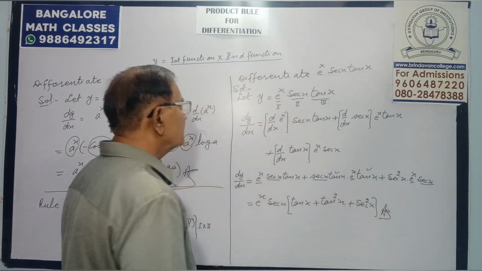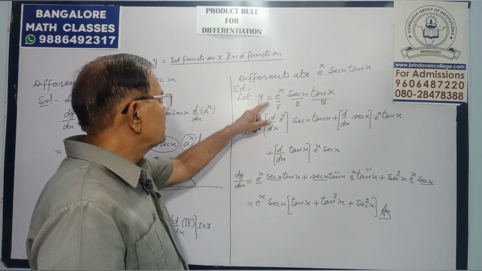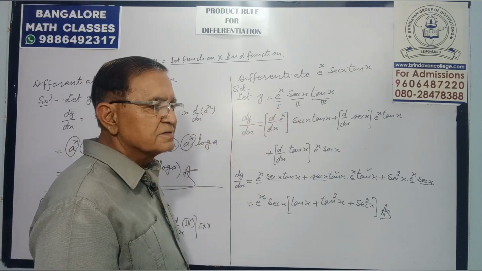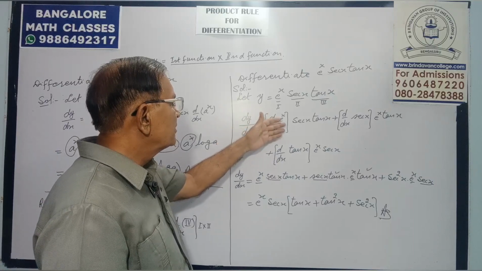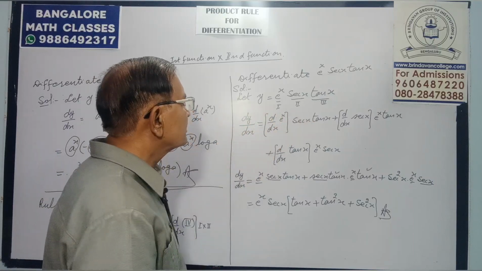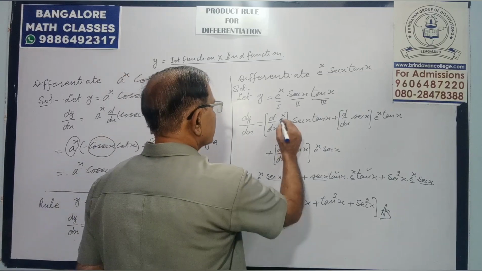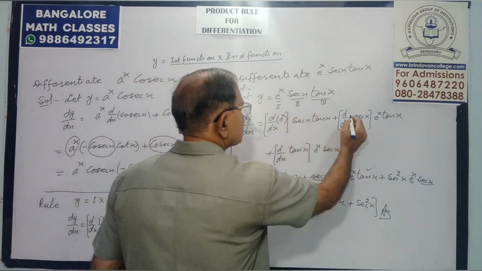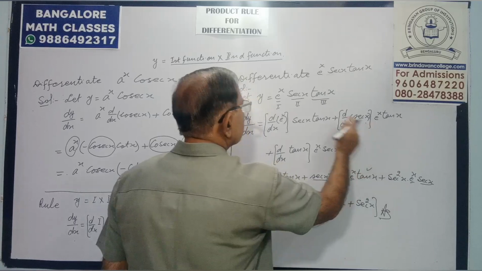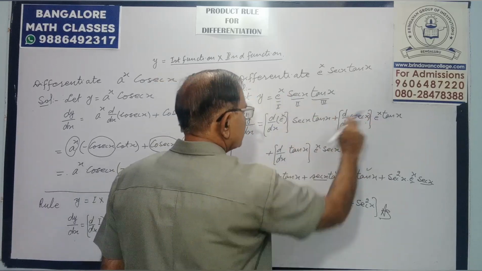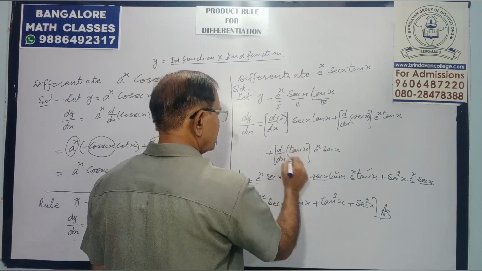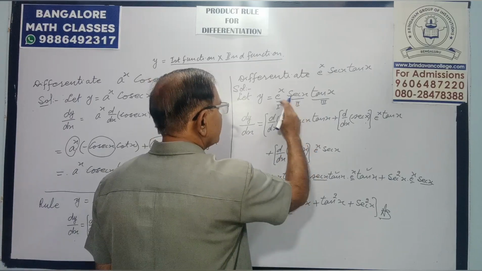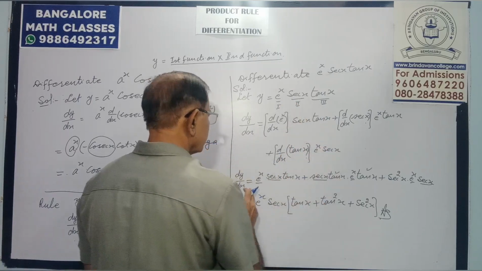See this sum once again. We have 3 functions. Differential of the first, remaining 2 as it is. Differential of the second, that is secant x, remaining 2, e power x and tan x as it is, plus differential of the third, first and second as it is.